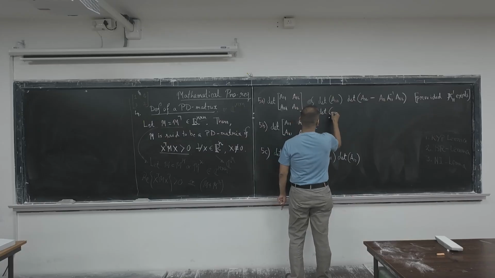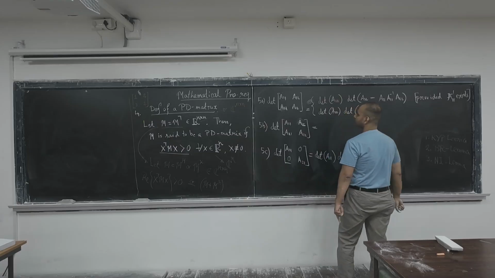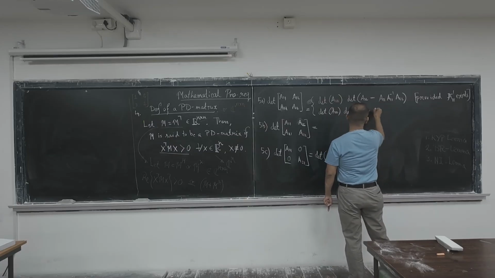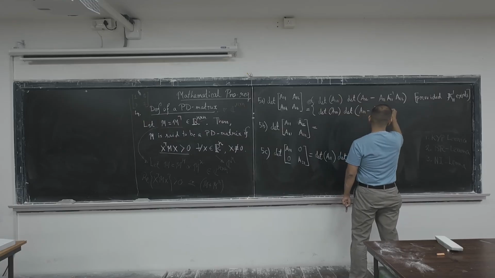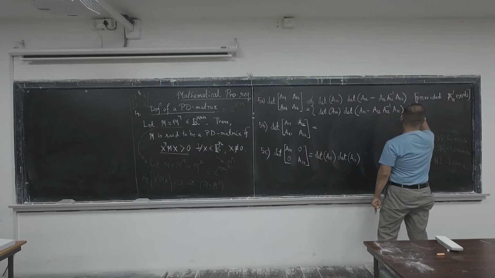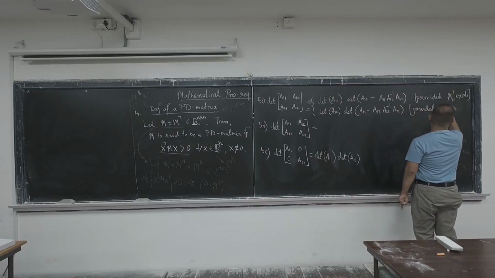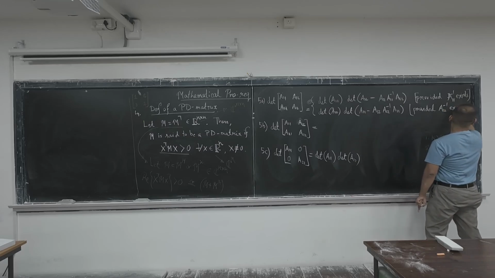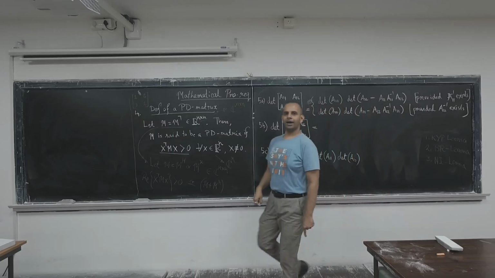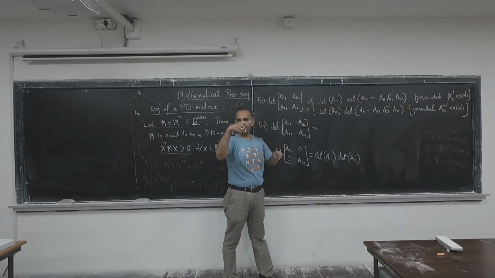Another one: determinant A22 into determinant of the Schur complement with respect to A22. So it is A11 minus A12 into A22 inverse into A21, provided A22 inverse exists.